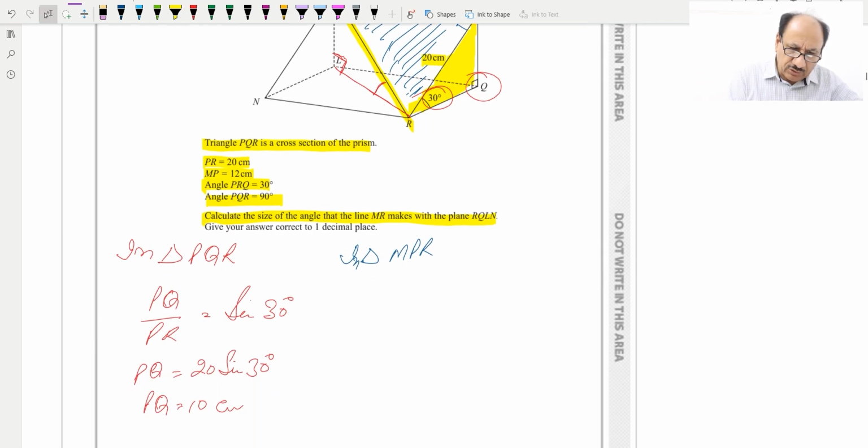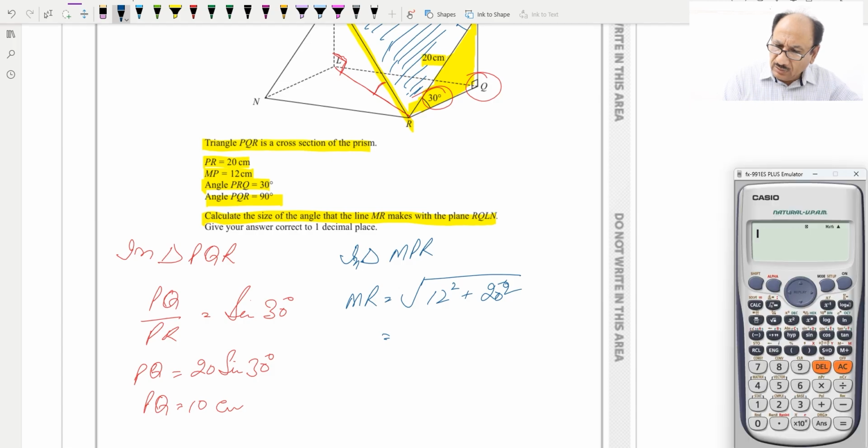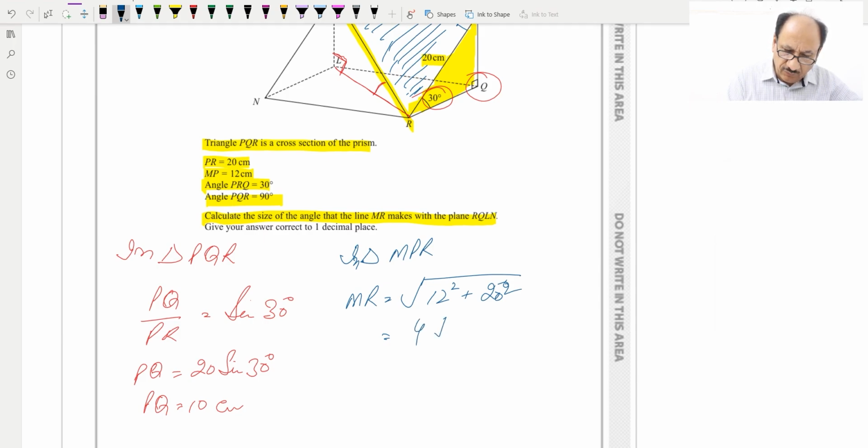So 12 square plus 20 square will be equal to MR square. So MR is equal to square root of 12 square plus 20 square, which is 4 under root 34.